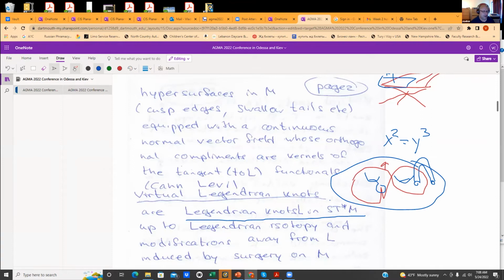You can look at Legendrian knots in the spherical cotangent bundle of any manifold M, up to Legendrian isotopy, and up to the change on the spherical cotangent bundle which is induced by any surgery on a manifold. So you can delete a handle, glue another handle as soon as it goes far away from the front projection of the Legendrian knot. This is fine.